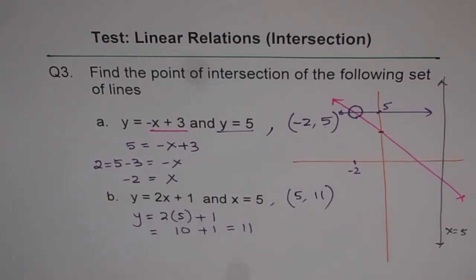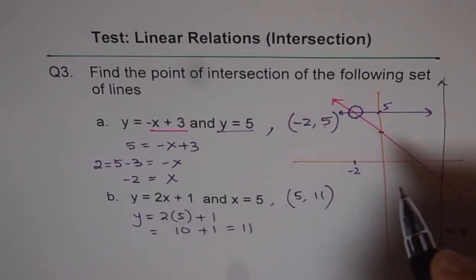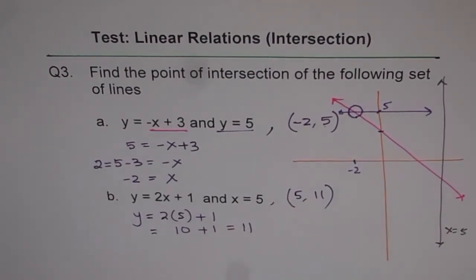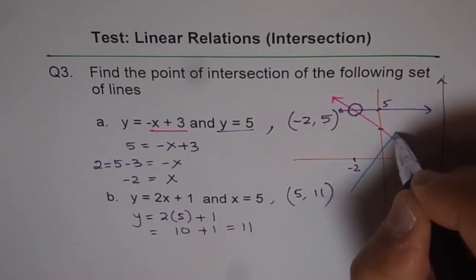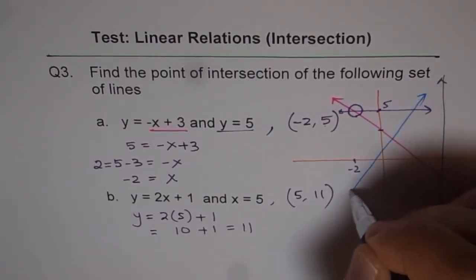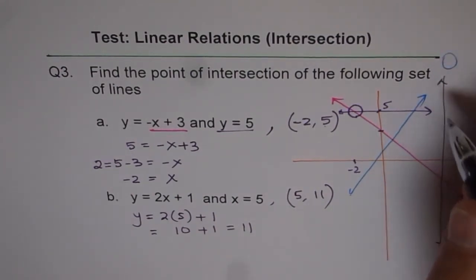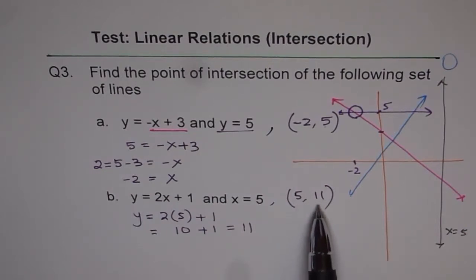So the other line will actually go upwards from its positive slope, right, of 2. So it will go like this, correct? So from 1 onwards. So we will have a line which will go like in this direction, correct? So you can see high up as it goes, it will intersect somewhere here, right? So that point of intersection will be at x equals to 5 and y equals to 11, correct? So that is how you can graph it.